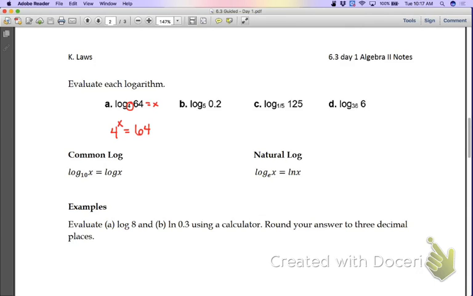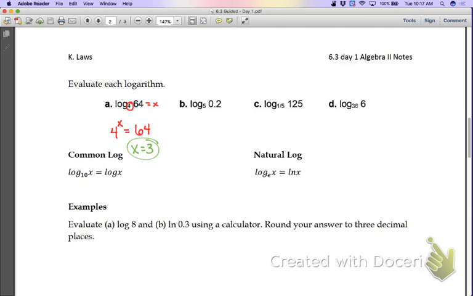How many times do I need to multiply 4 by itself to give me 64? 4 times 4 is 16. 16 times 4 is 64. So how many times did I multiply 4 by itself? 3 times. So x would just be equal to 3, or log base 4 of 64 is 3.